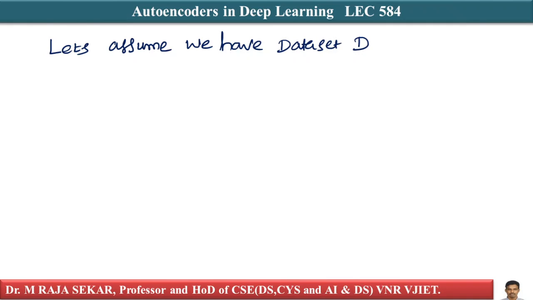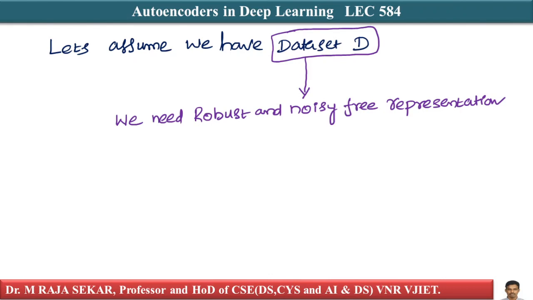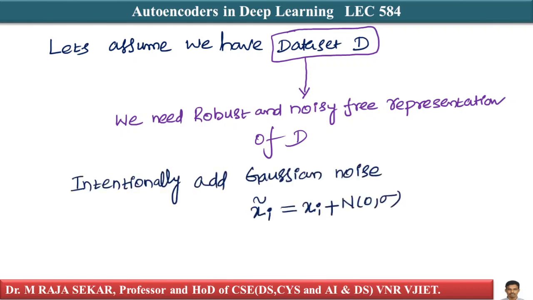Let me explain like this. Let's assume we got capital D, and people want to come up with a robust, noise-free representation, or noise-reduced representation of points here. Then we intentionally add noise. Your xi tilde equals xi plus N of 0 comma sigma, isn't it?